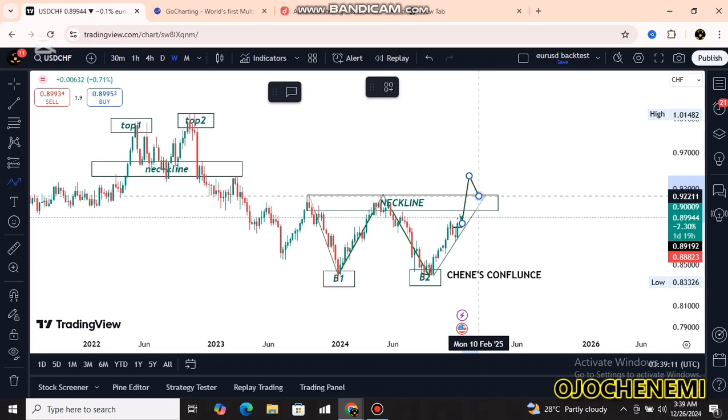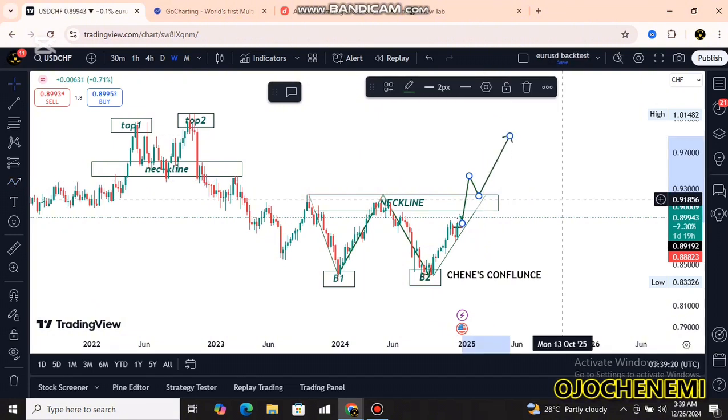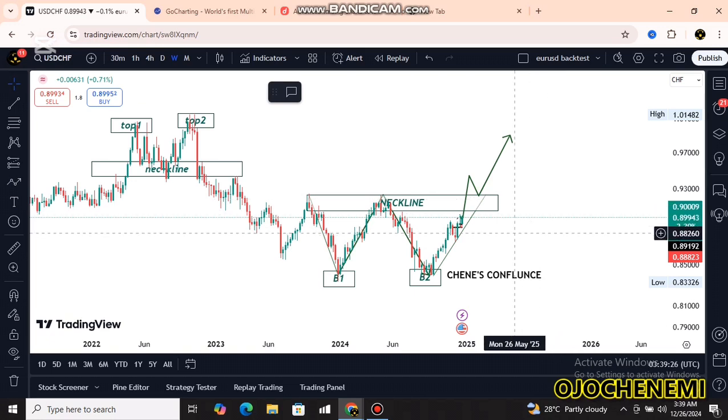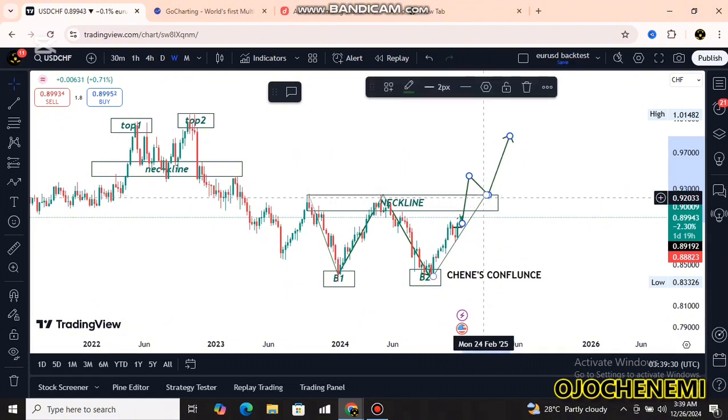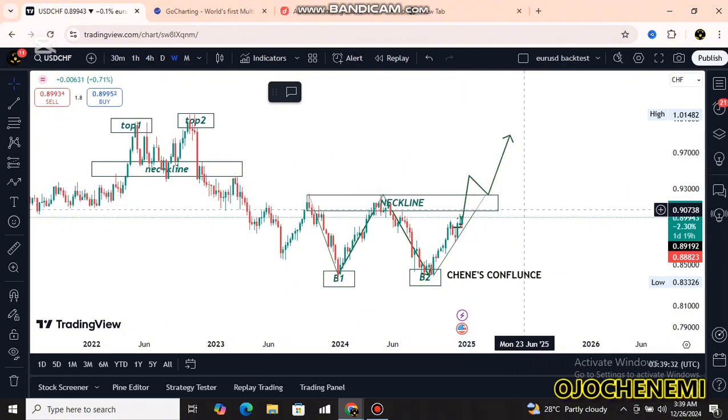So the neckline is here. So what are we expecting from this previous one? From what happened previously here on this double top, we are expecting the market to come here, do whatever it has to do. Remember, it's not going to go straight.